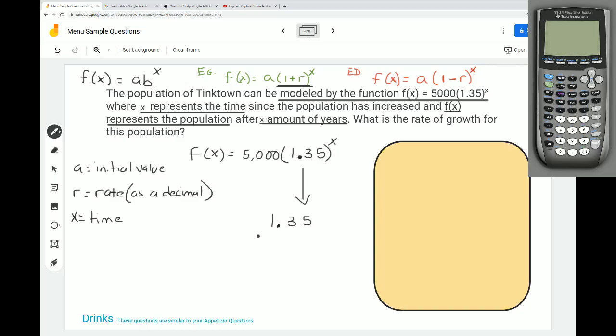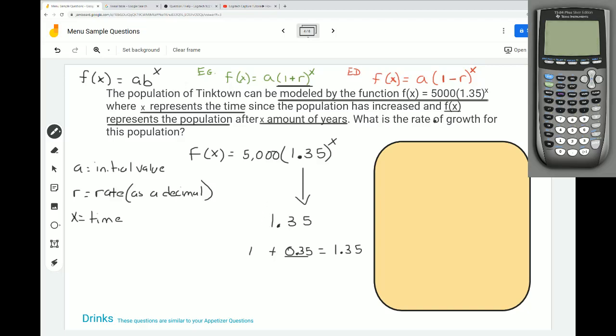So we can see that this is 1 plus whatever value is equal to 1.35. And if we know that, we can see that this is 0.35. Now, this is our rate as a decimal.